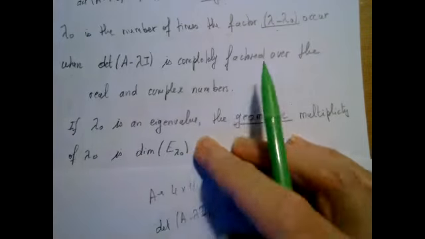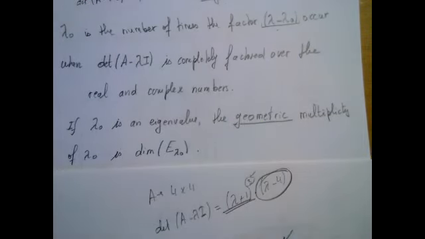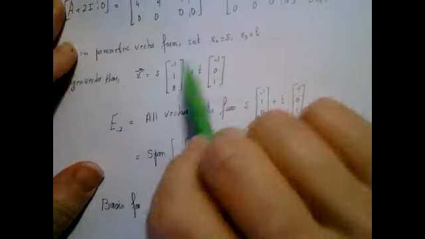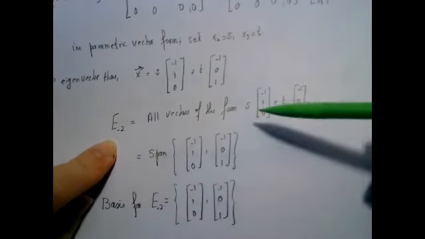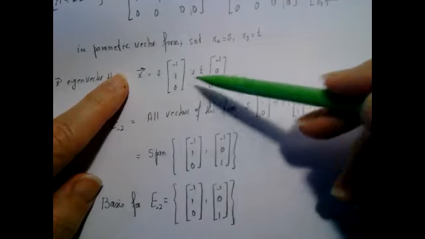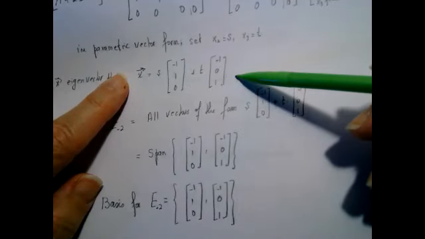So let me take you back to the previous problem. In the previous problem, we had two eigenvalues, and we found the eigenvectors for each one of them. When we found the eigenvectors for -2, we realized that every eigenvector is a linear combination of those two linearly independent vectors.